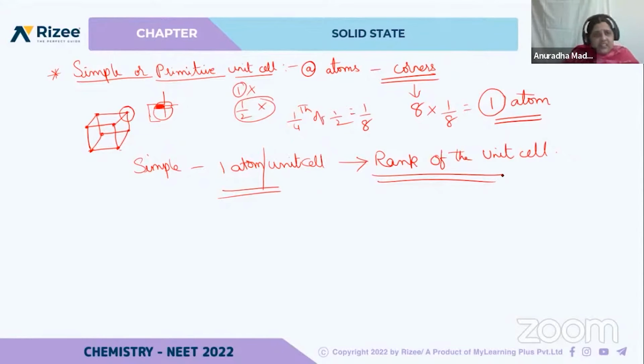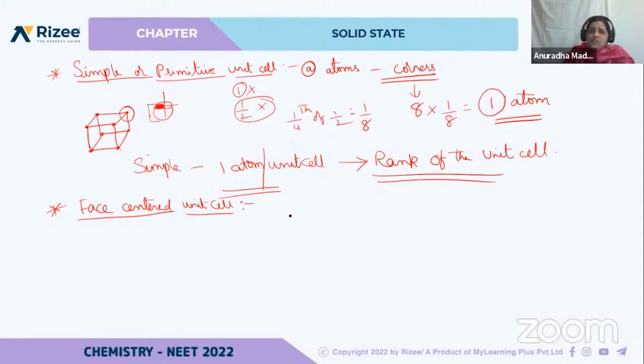So let's see other unit cells based on the atom arrangement. Next one is the face centered unit cell.